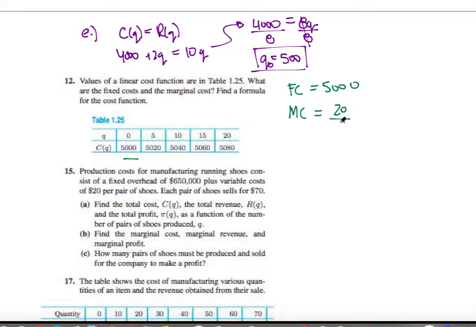So my marginal cost appears to be 20 per 5 items, or $4 per item. If I wanted to write this as an actual equation, I would probably write it as 4Q. So my cost function in the end is going to be my fixed cost plus my marginal cost. So that would be 5,000 plus 4 times Q.